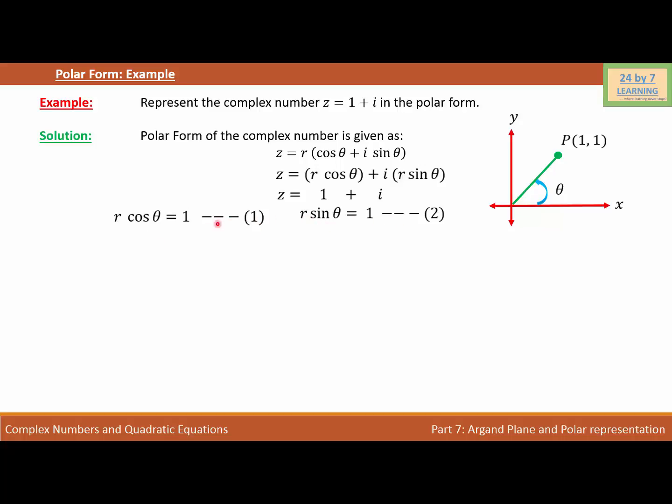Now let's square and add these two equations. I will write (r cosine theta) squared plus (r sine theta) squared equals 1 squared plus 1 squared.